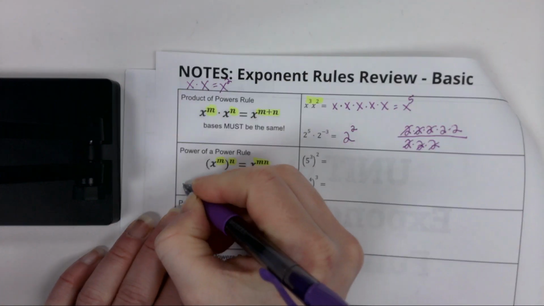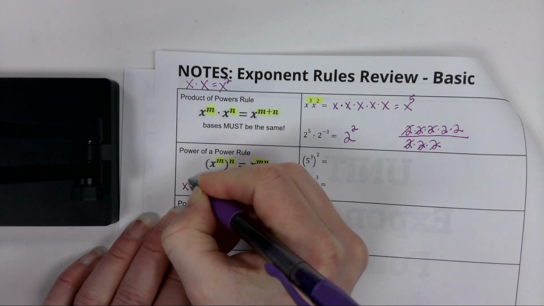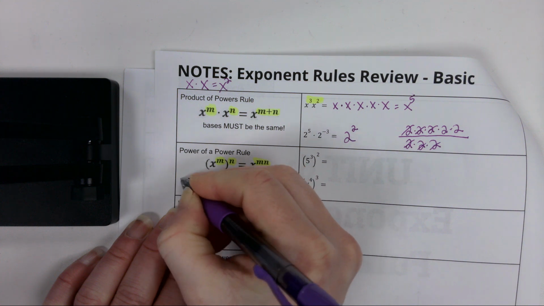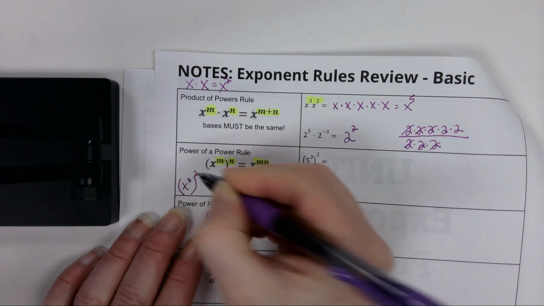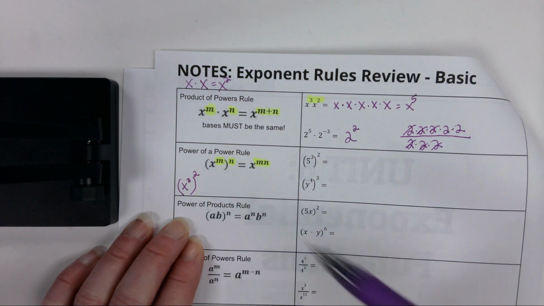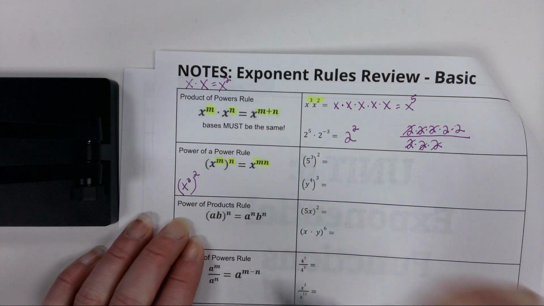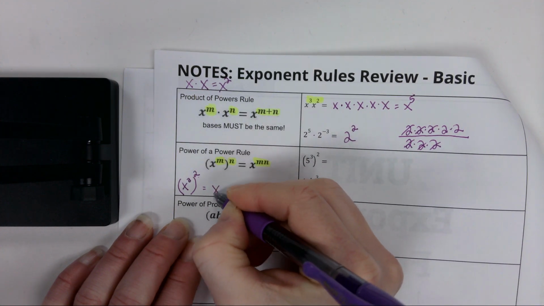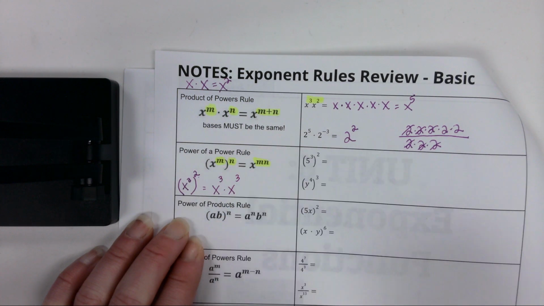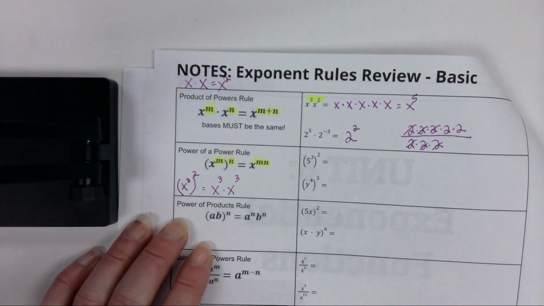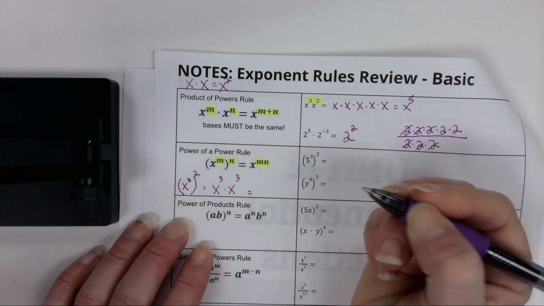Let's say I had x to the 3rd, and then I raised it to the 2nd. So what this second power means is x cubed times x cubed. Using what we just used, that would be x to the what? 6th.